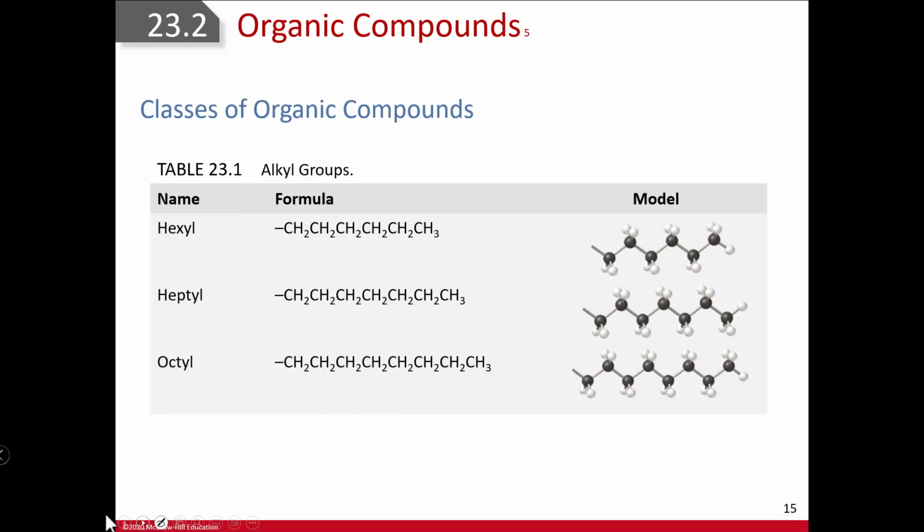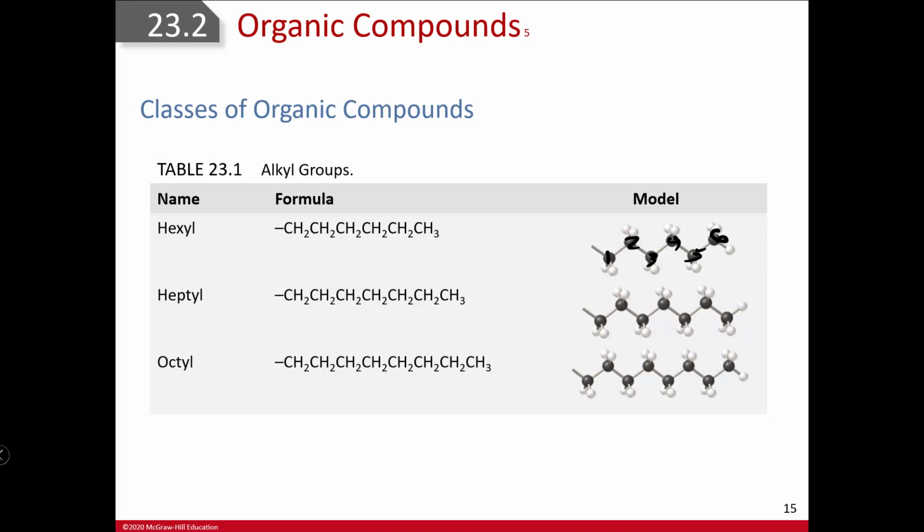If it's going a little fast, just slow down, stop, and think about it. Think about what you're looking at here. So hexyl, we're just trying to get you to learn about the carbons. 1, 2, 3, 4, 5, 6. Again, I would go back to chapter 2. There's a whole table on just the first 10 alkanes.